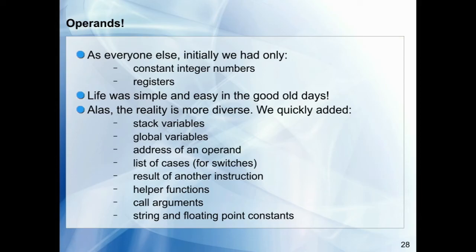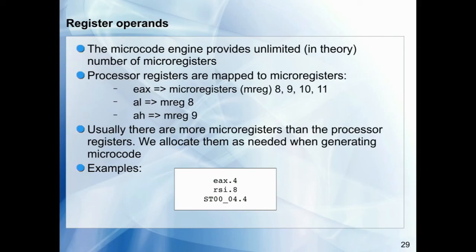But the reality is much more diverse than that, and we had to add a lot of new operand types. Logically, we started with stack variables, then global variables, and addresses, a result of other instructions, and so on and so on and so on. The list is not exhaustive here. There are many more operand types than the slide shows.